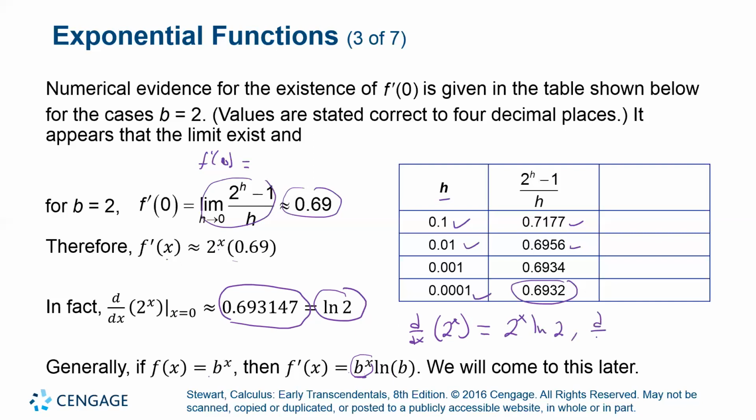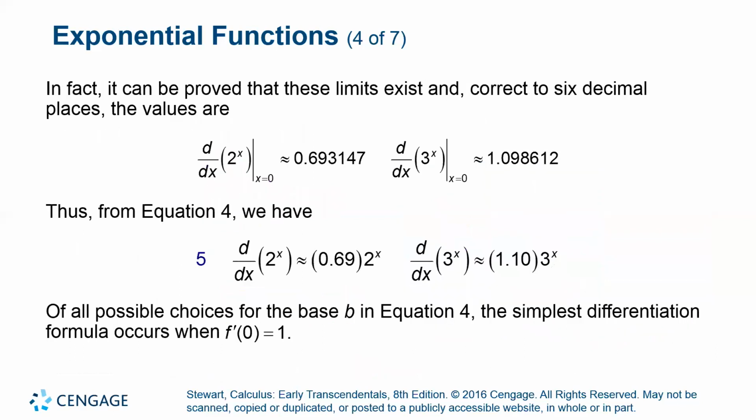If we differentiate the function 3 to the x, that would be 3 to the x, the same, times natural log of the base, which is 3. This is a special case, and this is what I've just explained here.